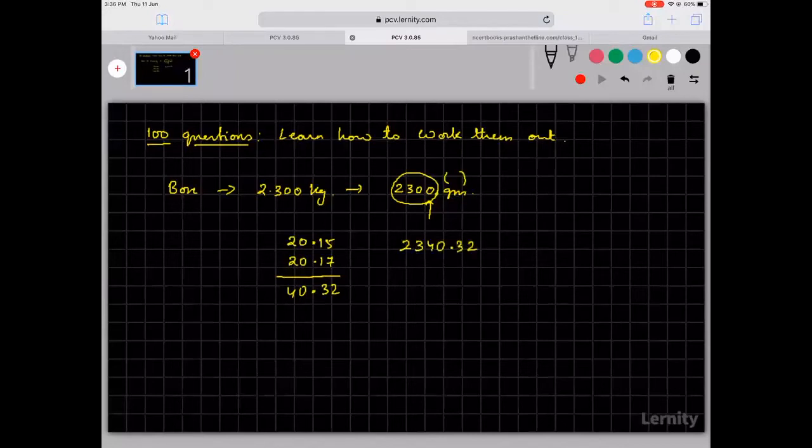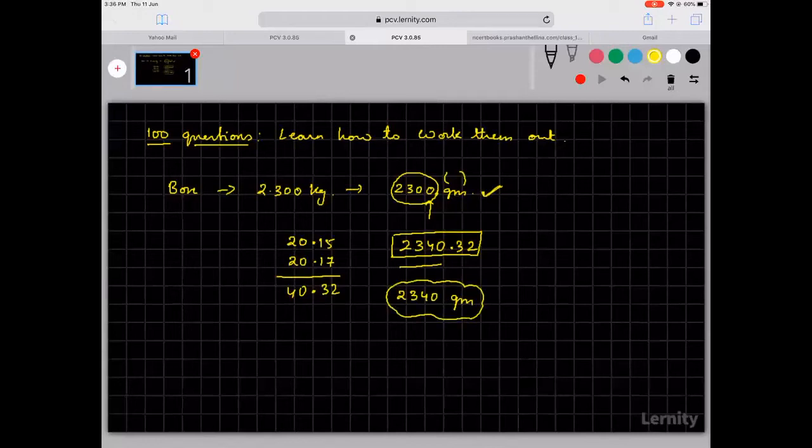But whenever you report, the answer should have the same accuracy as the least accurate measurement. This is the least accurate measurement, so my answer should also have the same accuracy. So my answer is 2340. When you add all of them, you will get 2340 grams.